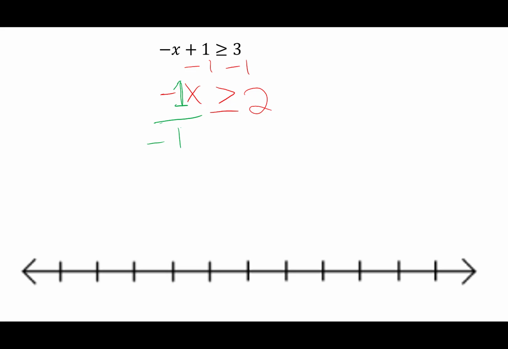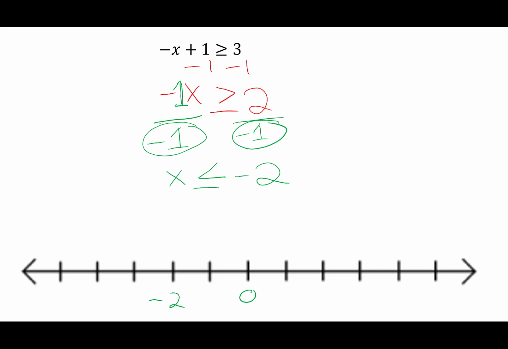I'm going to divide by a negative 1. And I get x. Because I divided by a negative number here, I have to flip my inequality sign. If I were to graph this on my number line, I would put a closed circle, and I would shade to the left.